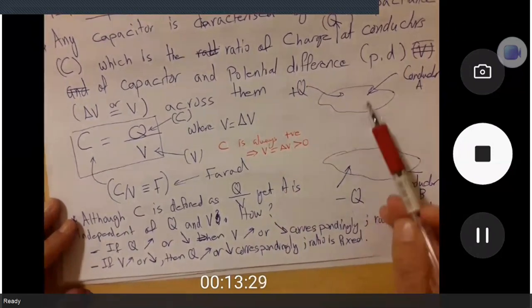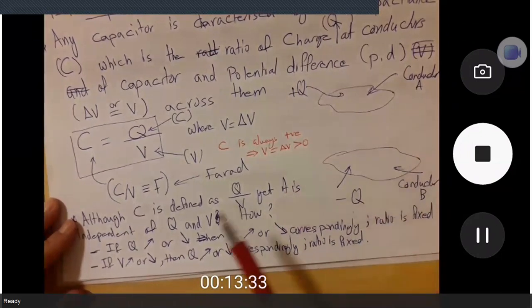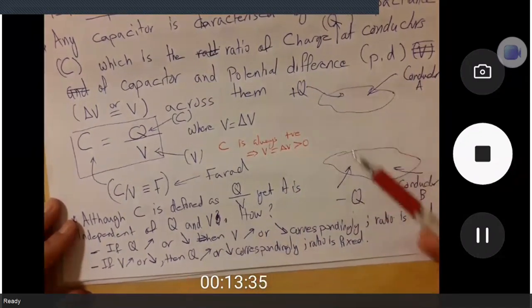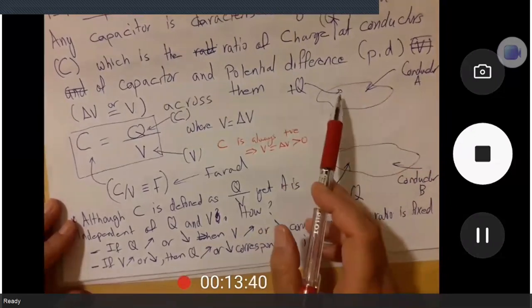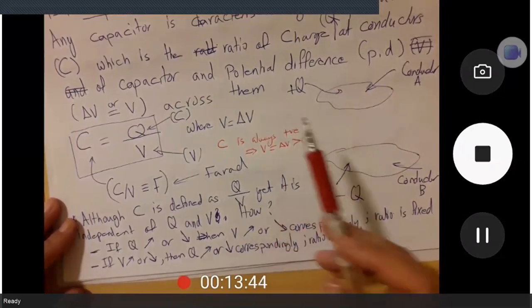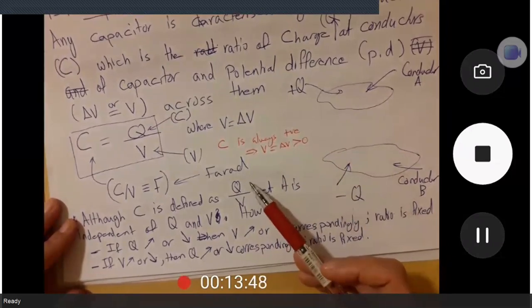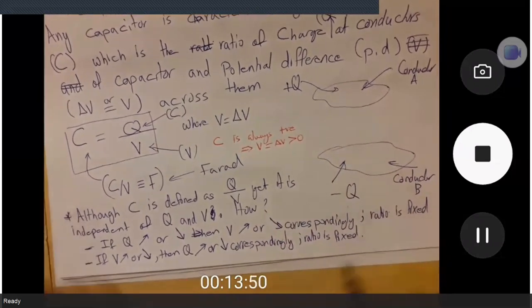The E created here is due to the charge, it has something to do with the charge. So if I change Q, E will change, so V will certainly change, or vice versa.